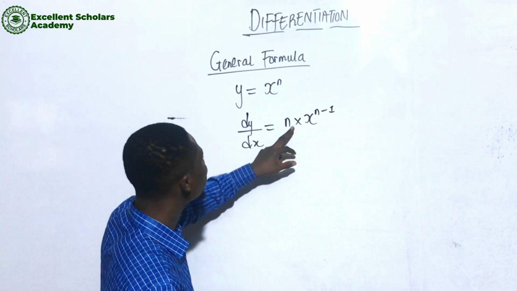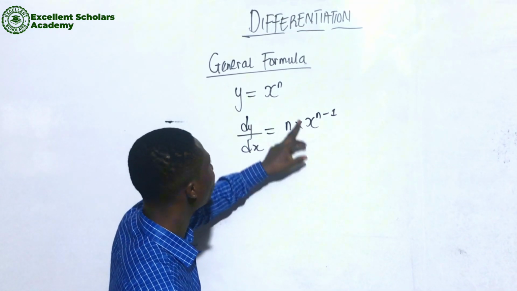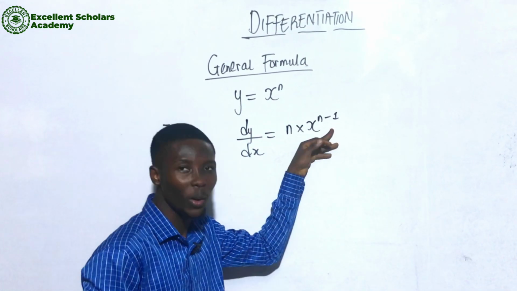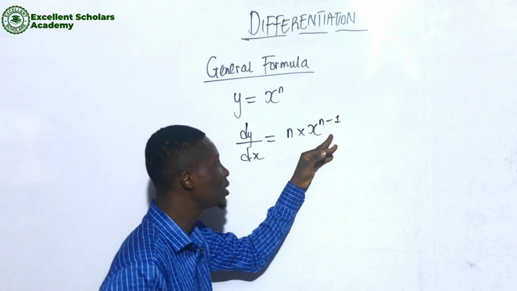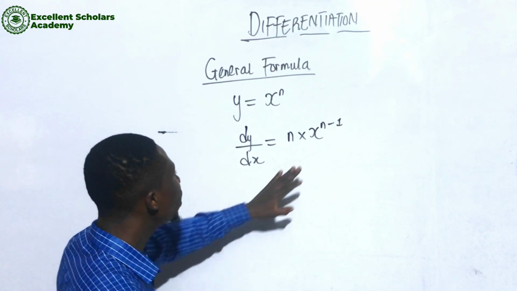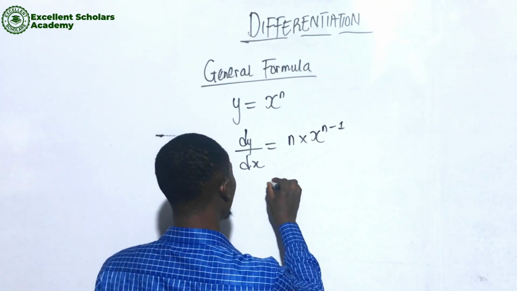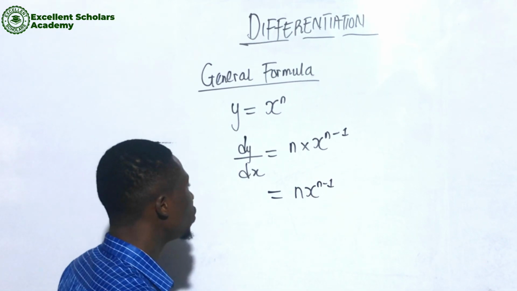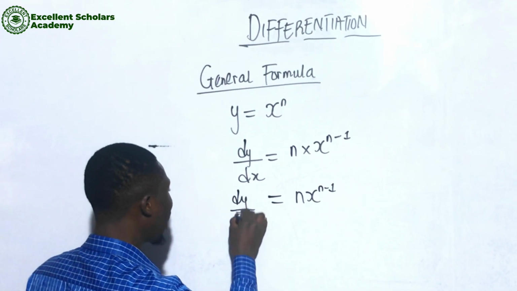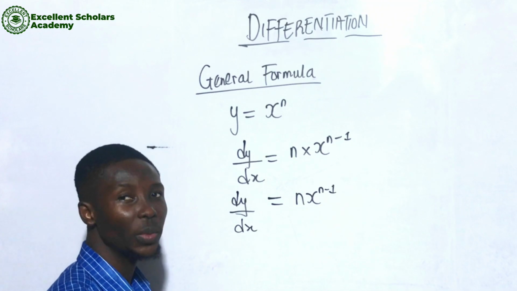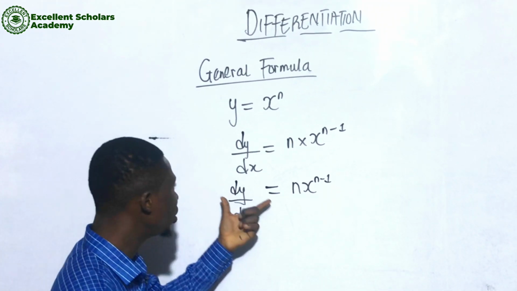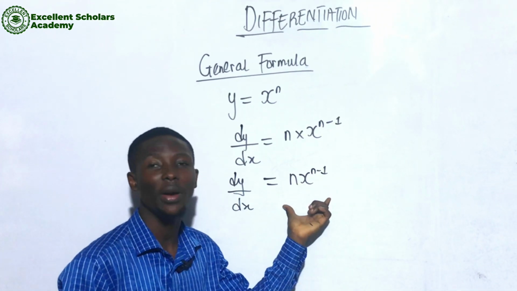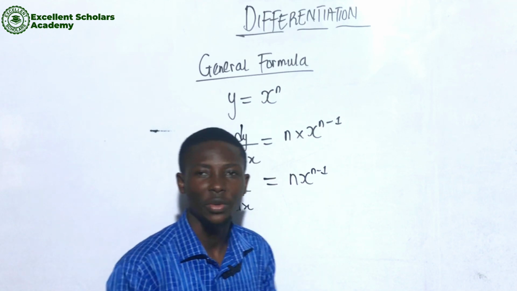The power multiplying this, then subtracting the power by 1. I hope you understand that, okay? So this now becomes n x to the power of n minus 1. So this is my dy/dx. Now, I just differentiated this function. This is the general formula which we use to differentiate.